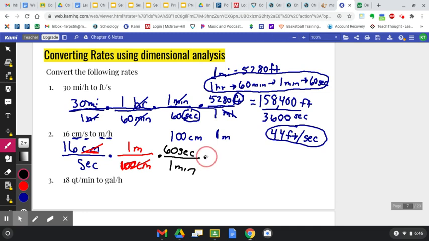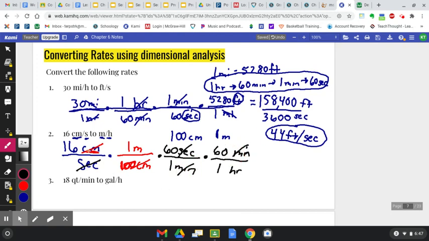Now I need to go from minutes to hours, right? Minutes on the bottom, minutes go on the top, and then hour goes down here, and I know there's 60 minutes in 1 hour. So, right, seconds here, those units cancel, minutes here, those units cancel.